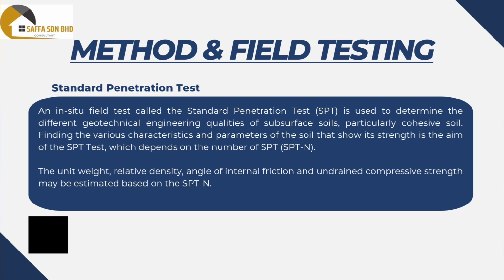In this soil investigation, an in situ field test called the standard penetration test, or SPT, is used to determine the different geotechnical engineering qualities of subsurface soil, particularly cohesive soil. Finding the various characteristics and parameters of the soil that show its strength is the aim of the SPT test, which depend on the number of SPT, or SPTN.